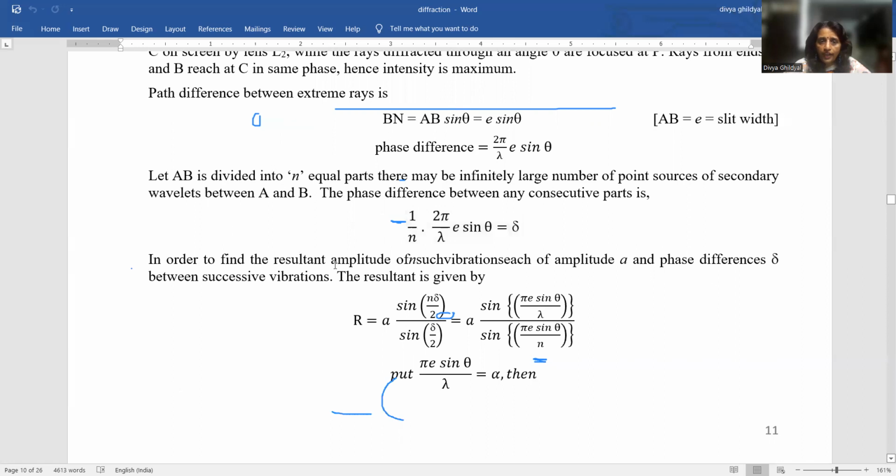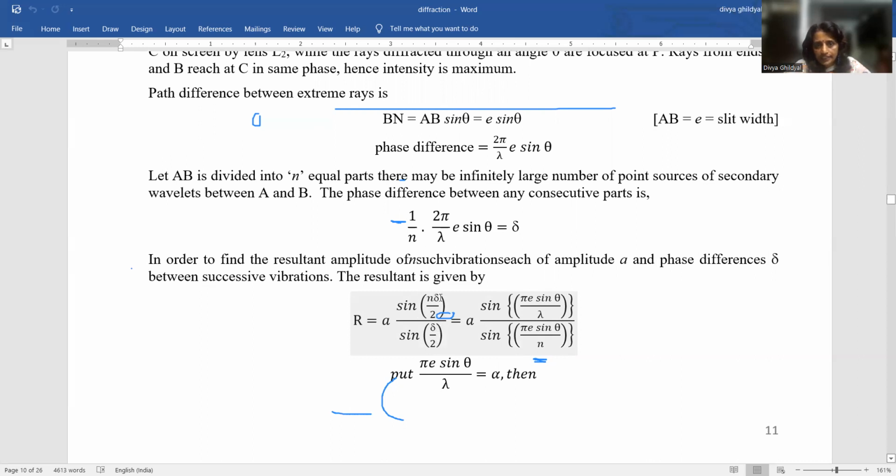In order to find the resultant amplitude of n such vibrations, each of amplitude A and phase difference del between successive vibrations, the resultant will be given by R equals A sine n del by 2 divided by sine del by 2.